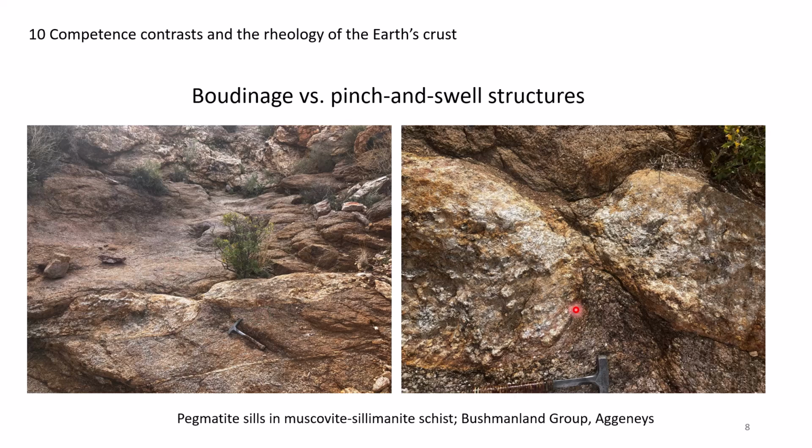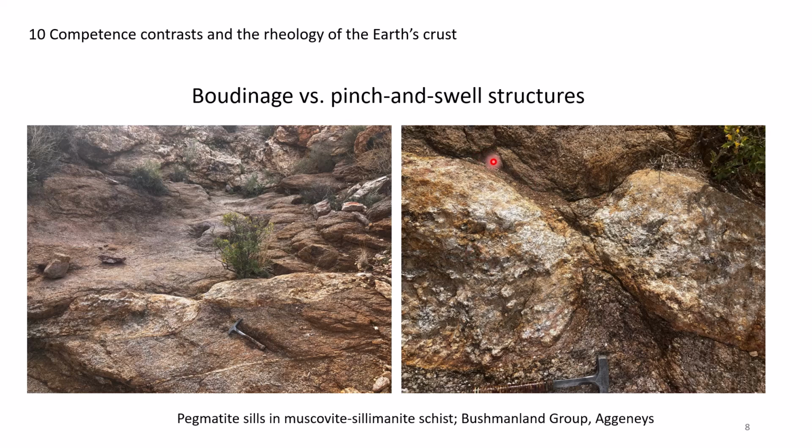On the right-hand side image, we see a close-up of this area here, of the necking area between these two pinch and swell, soon to be boudins. And we can see here the typical neck folds of the less competent aluminous schist folding into the gap between these two pinch and swell bodies of the stretched pegmatite.